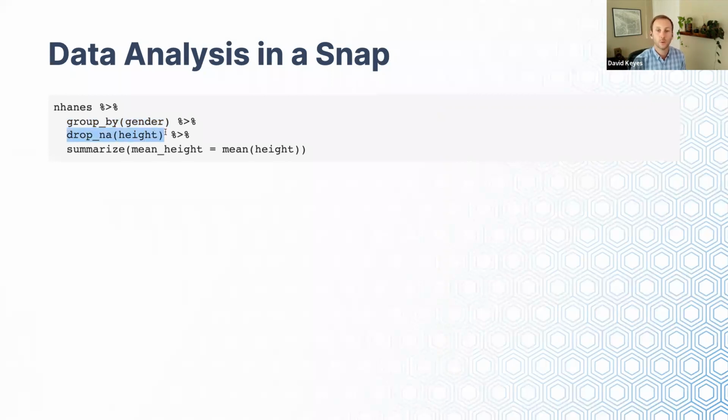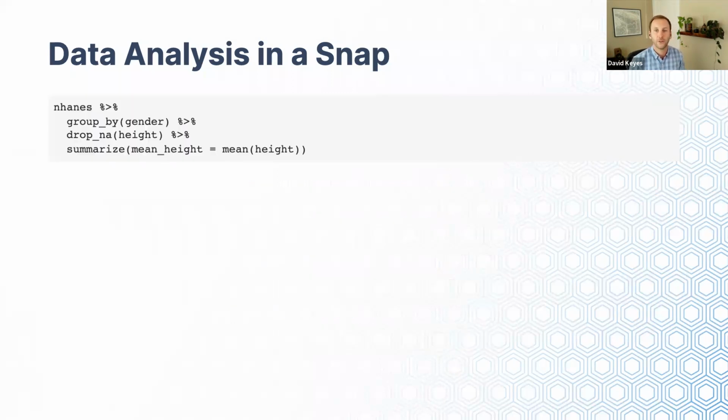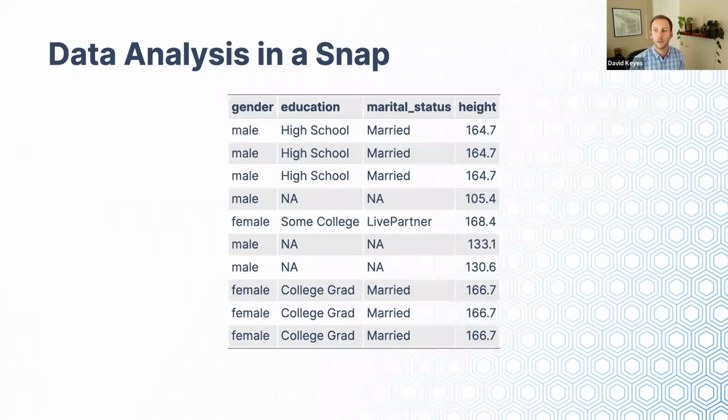Then this will drop any NA, in other words, any places where we don't have a value. Looks like all of these, we actually do have a value, but sometimes we don't have their height for some reason. And then what we're doing is saying summarize, where we're creating a new variable called mean height, which is equal to the mean of the height variable, so this variable.